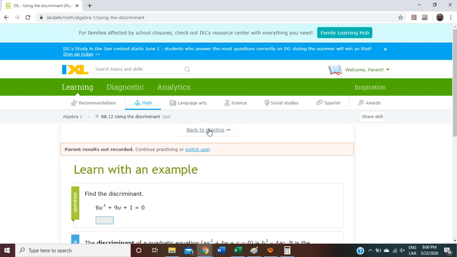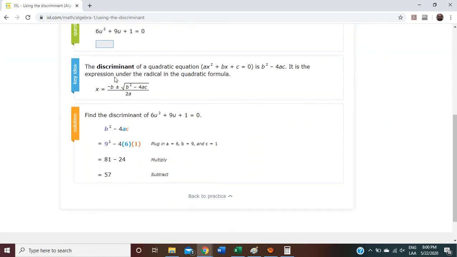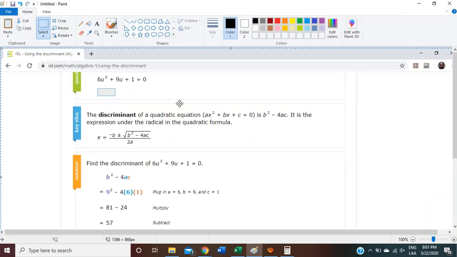Let me explain with an example. Remember this is the general formula for the quadratic equation, and we're only going to use one part of it, the part without the square root.